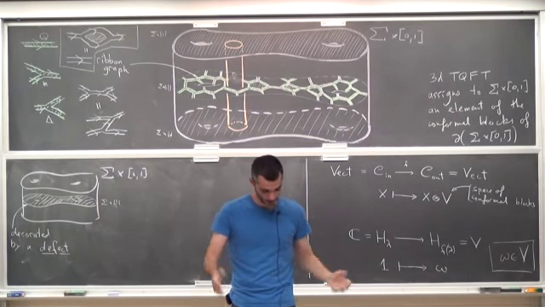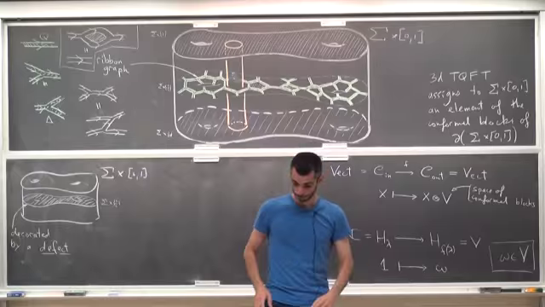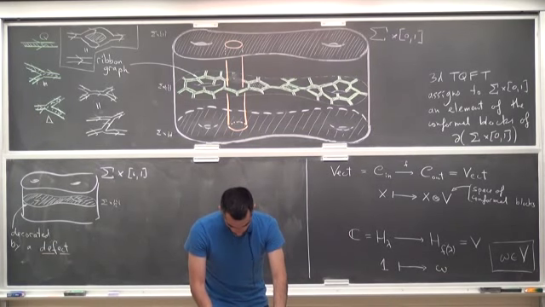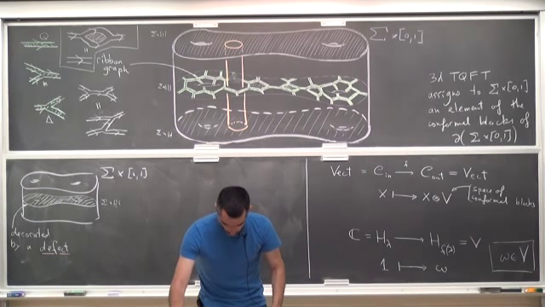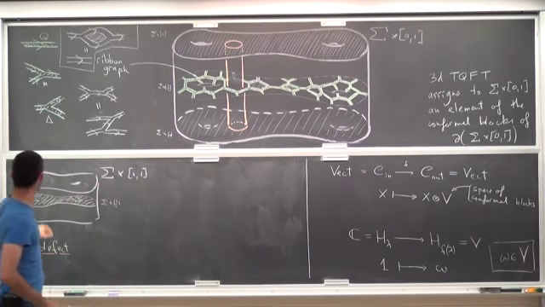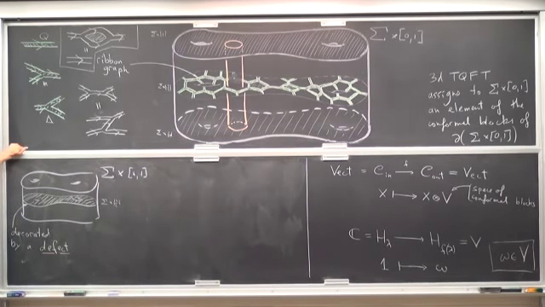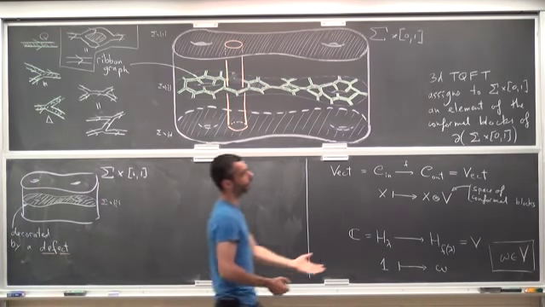I'm going to do a construction, and I'm going to use this. So the guiding plan is to try to take this picture and give a meaning to that picture using conformal nets.